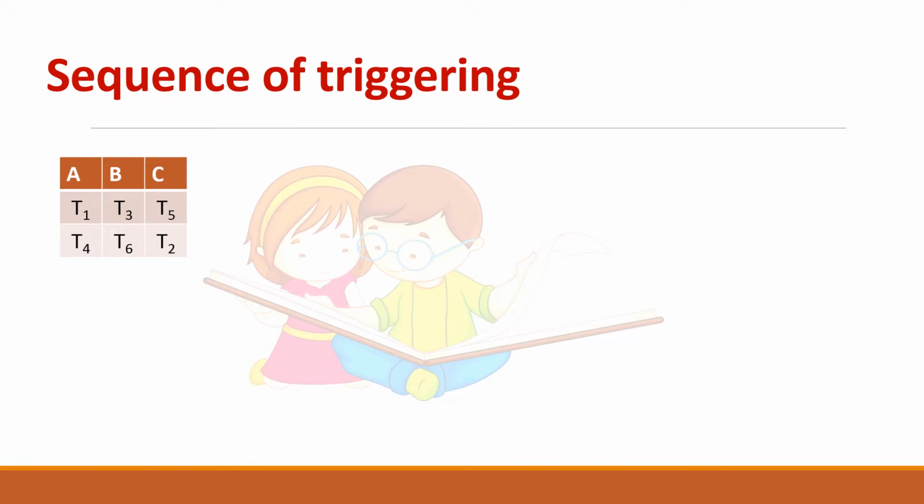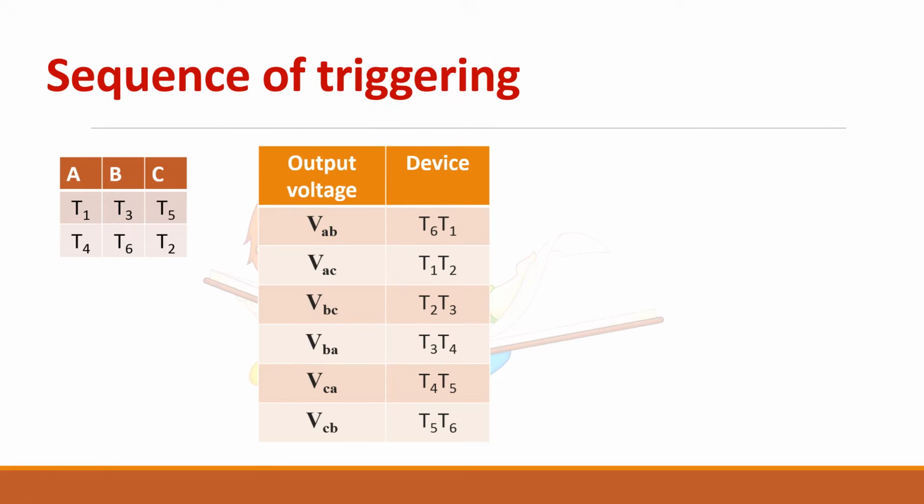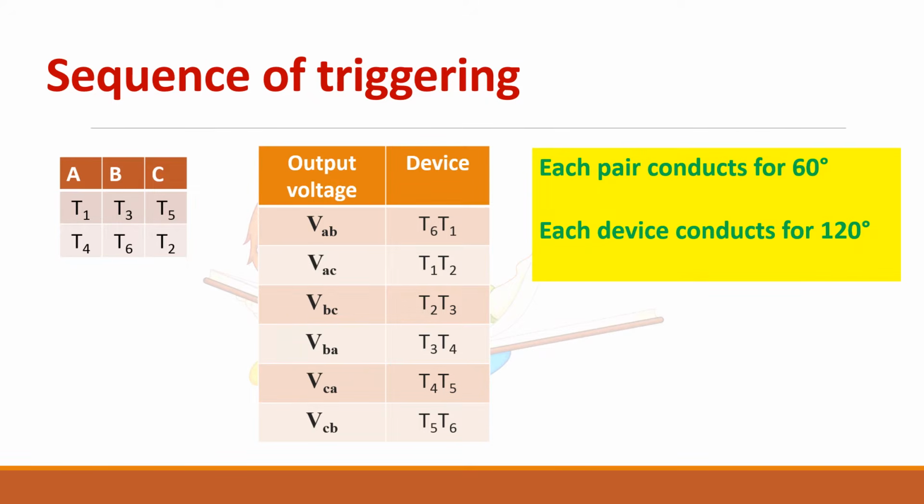VA and VB are phase voltages. Now we will see how these devices are turned on in a sequence. At any time, two devices will conduct. So if you see here T1 and T6, and this will be in a sequence 6 1, 1 2, 2 3, 3 4, 4 5, 5 6.